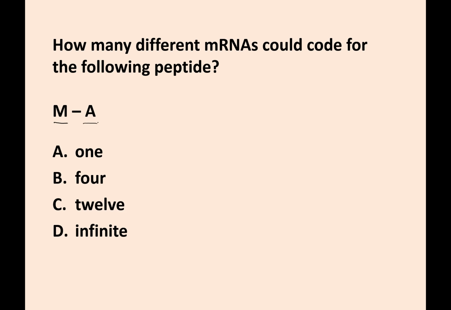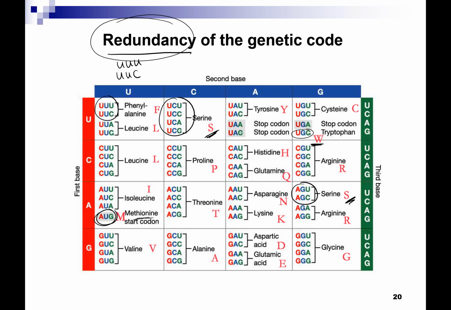Okay, hopefully you came up with the answer 4. Because methionine only has one, AUG. But alanine, where's alanine? Right here, it could be GCU, GCC, GCA, GCG.